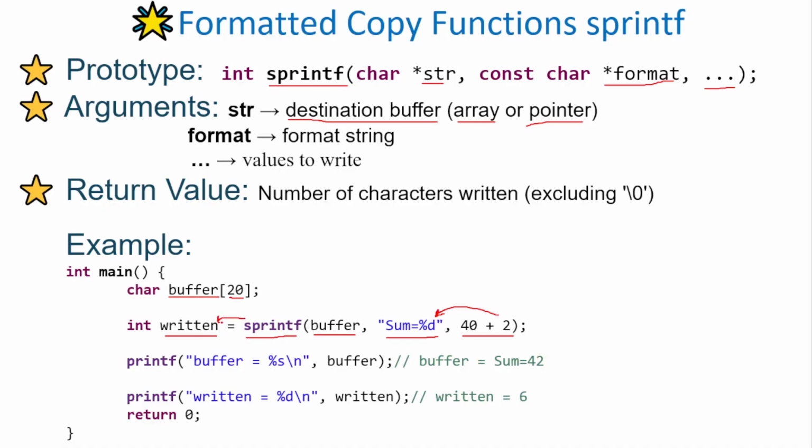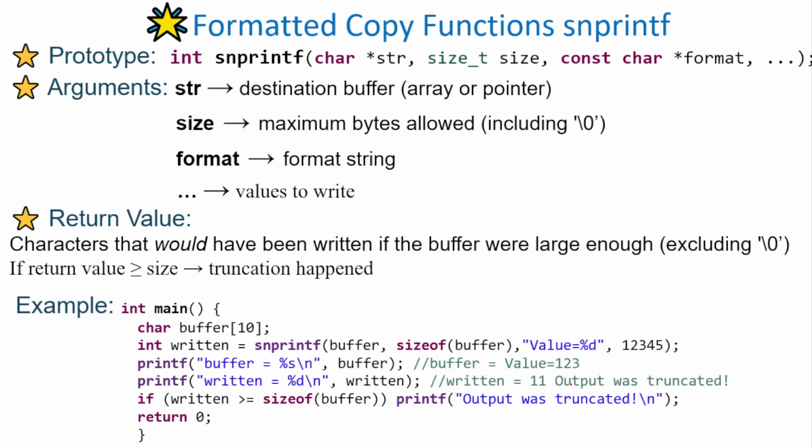Since the string sum = 42 contains 6 characters, written receives the value 6. When we print the results, printf displays buffer = sum = 42 and written = 6, confirming both the stored string and the number of characters generated by sprintf.